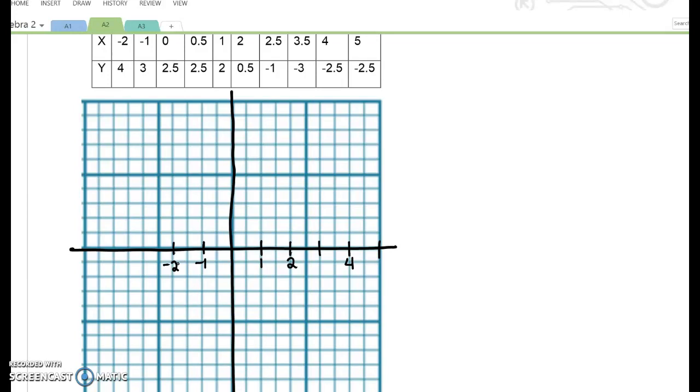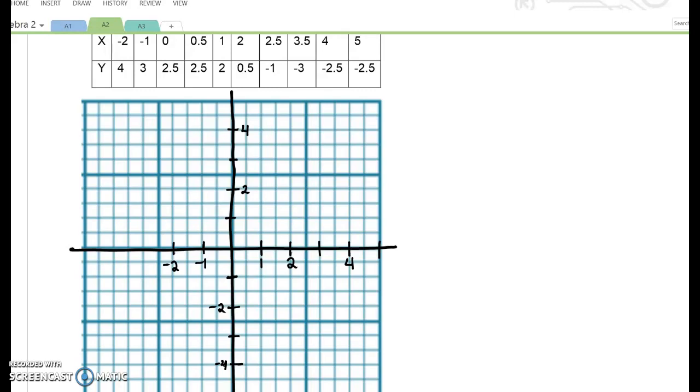For our Y's, we're going from -2.5 to +4. I think the same scale is going to work. So here's 1, 2, 3, 4, -1, -2, -3, -4. Okay, do you feel that you can take this graph with this scale and accurately plot those points?